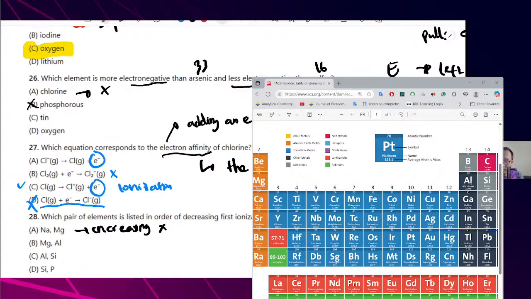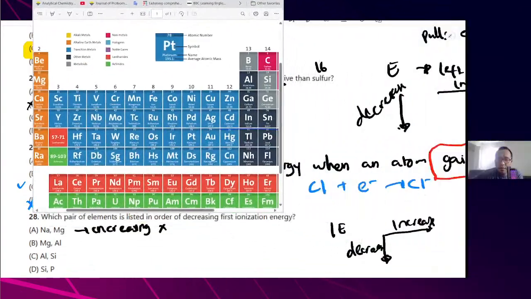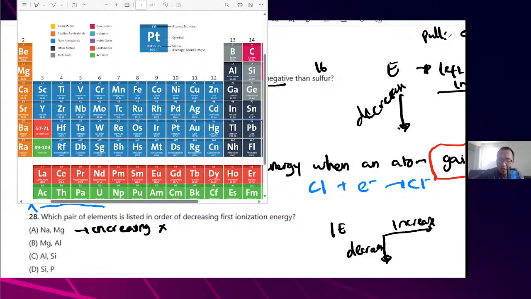Let me take a look at it first, from the periodic table, before moving on to another part. Ionization energy will be increasing from left to right.